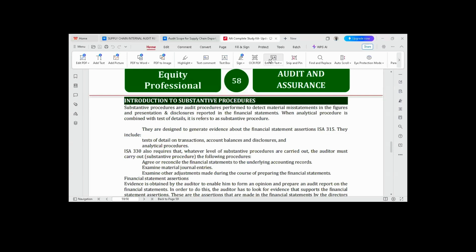Anytime you want to buy something, you take it to your budget holder or the head of department that you want to incur some expense. What do they normally say? They will ask, let me see how much we bought that thing last time.